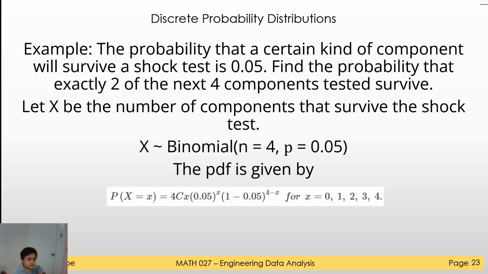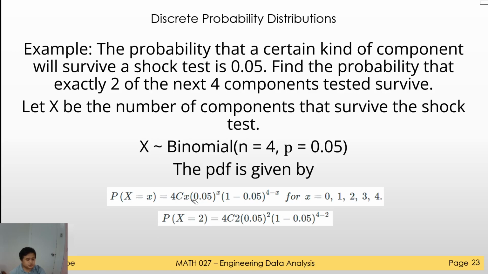Therefore, we can just substitute this into our probability distribution function, the general formula of the binomial distribution. We substitute p here, we have n, and then how about x? This is the probability distribution function, so the independent variable left here is x, the random variable x.